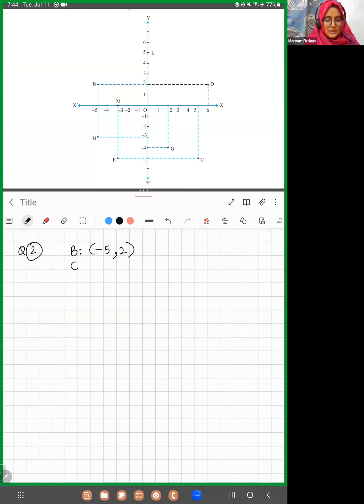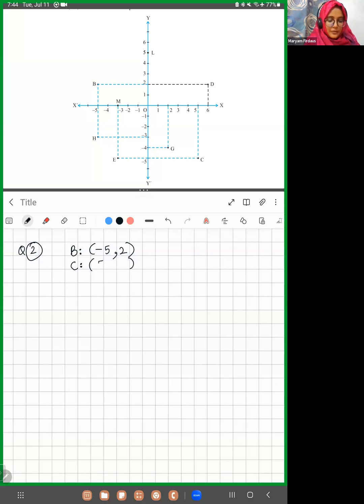Point C. What are the coordinates of the point C? 5, comma -5.